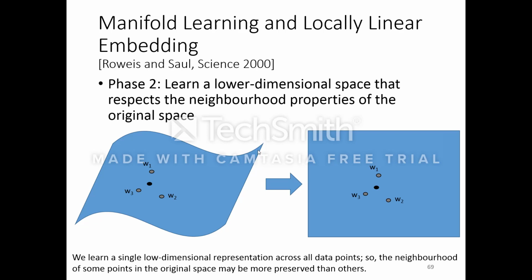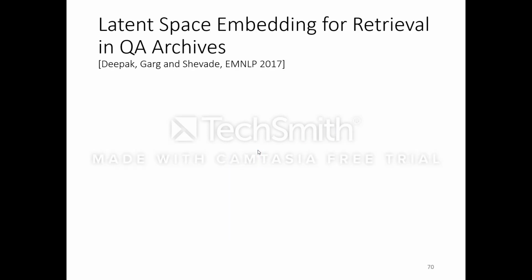You may not get an exact thing, but you're doing an optimization which would preserve some data points' neighborhood slightly more than the others, but essentially you're optimizing an objective function that takes the sum of all these reconstruction losses. So we learn a single lower dimensional representation across all data points. So the neighborhood of some data points in the original space may be more preserved than others just because of the optimization. Okay, so let us look at this paper, which I was also involved in.